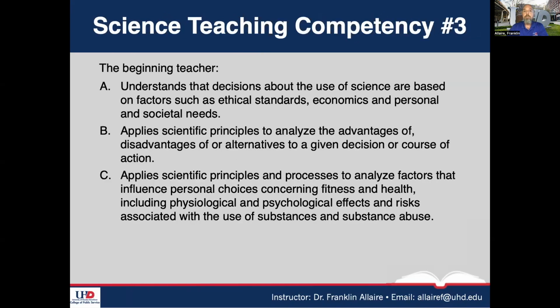The sub-competencies for Science Teaching Competency number 3 are: the beginning teacher understands that decisions about the use of science are based on factors such as ethical standards, economics, and personal and societal needs, applies scientific principles to analyze the advantages of, disadvantages of, or alternatives to a given decision or course of action, applies scientific principles and processes to analyze factors that influence personal choices concerning fitness and health, including physiological and psychological effects and risks associated with the use of substances and substance abuse.